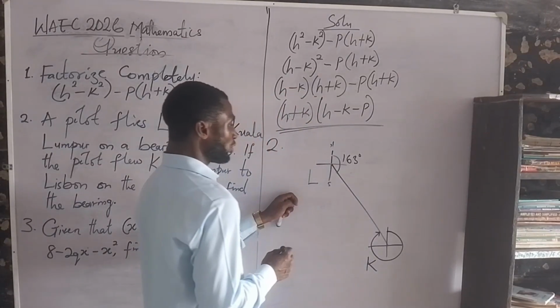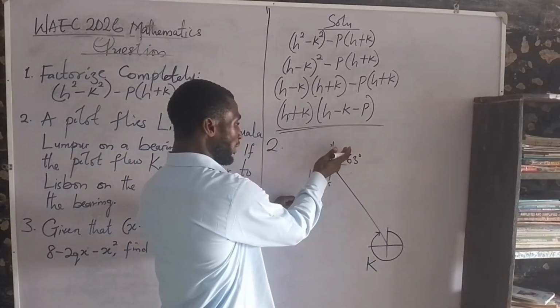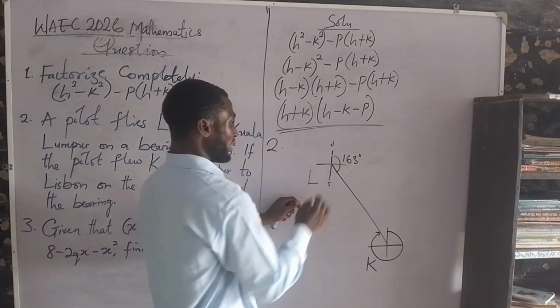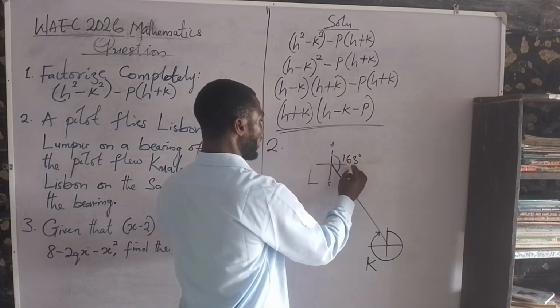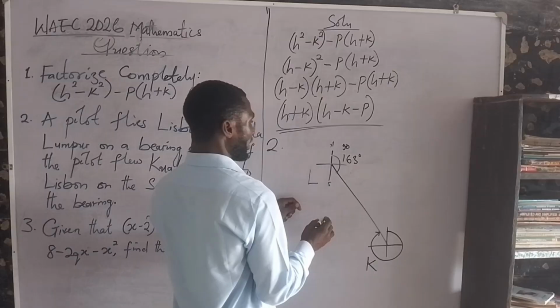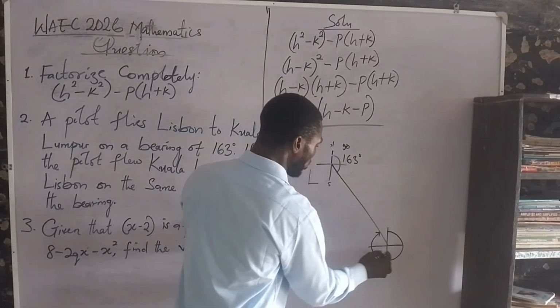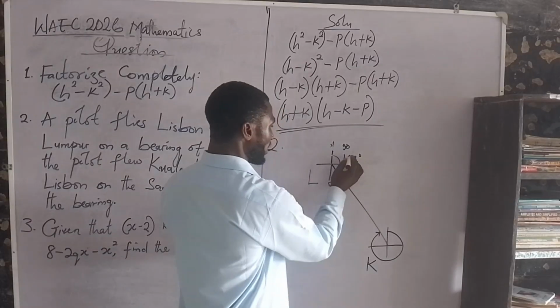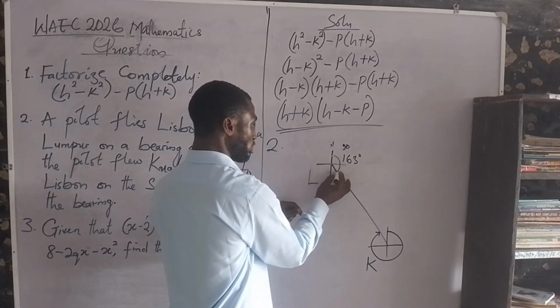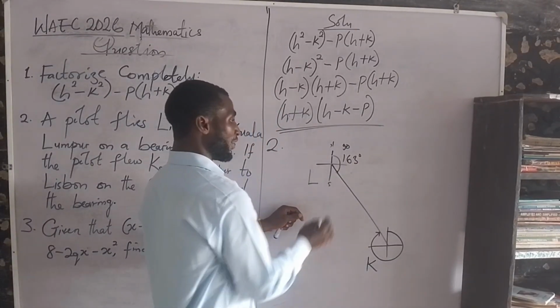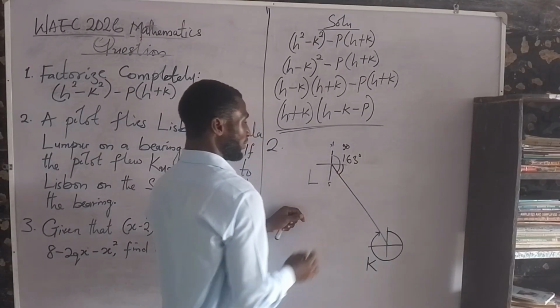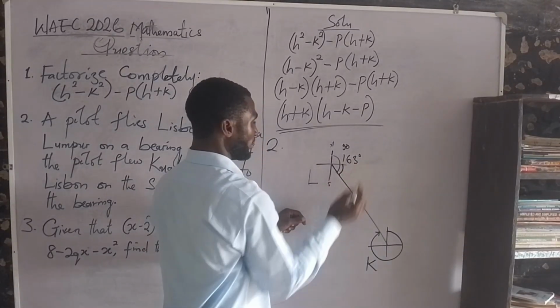So the simple trick, we have to go back to our first point. We know from north to east is 90 degrees, and from north to the line joining Kuala Lumpur is 163 degrees. Now what will this point be?